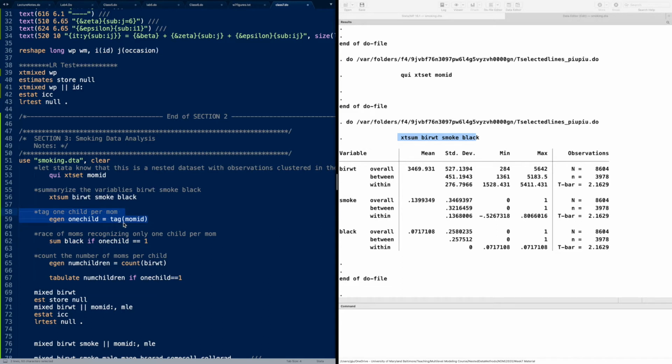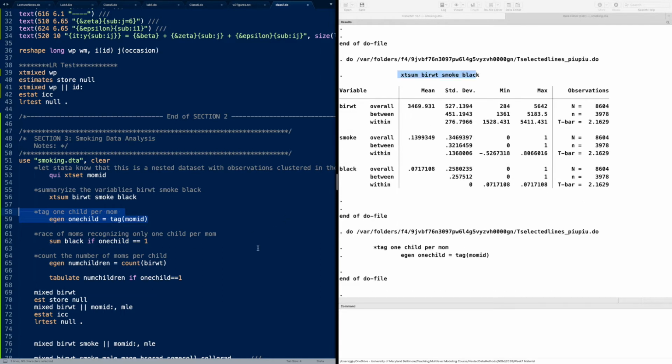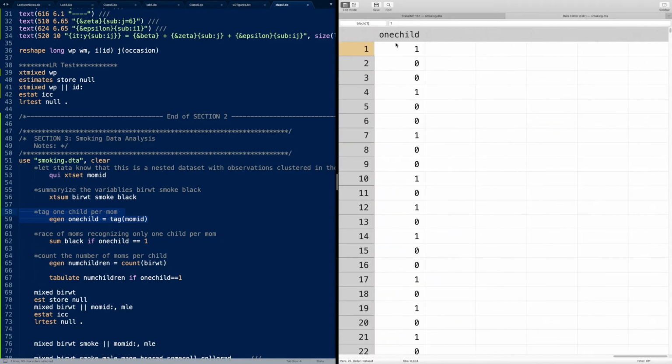So you need to pay attention to sorting here too. And so I run this, and that gives me a variable that just identifies one child per mom. It's a simple variable that is 0, 1. And as you can see, these first 3 are mother 14, and it just identifies the first one. The same thing going all the way down, right?